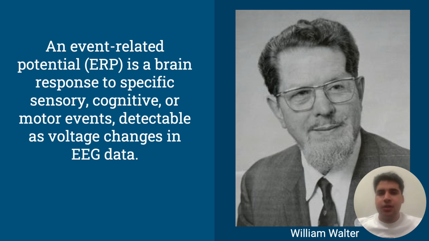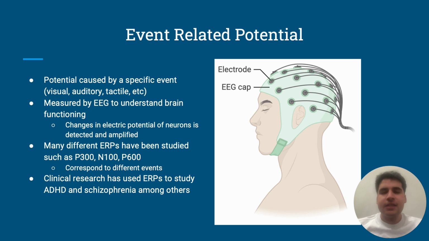And here is a picture of William Walter, who was a leading figure in studying brainwaves using EEG. So as we discussed, P300 is a positive deflection as detected by the EEG and happens after 300 milliseconds.